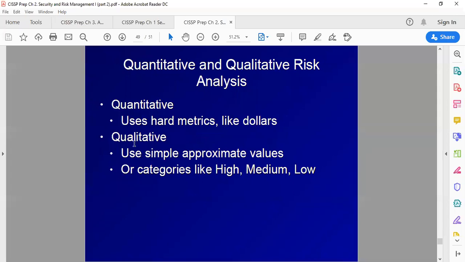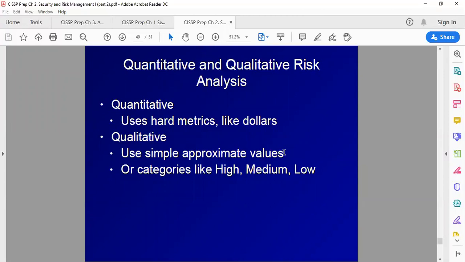The second thing is qualitative risk, which uses simple approximate values. We cannot calculate every risk in dollars or metrics; some risks cannot be calculated with a particular amount of money. For example, the brand name of a company like Microsoft or Apple: we cannot say exactly how much money the brand name is worth.